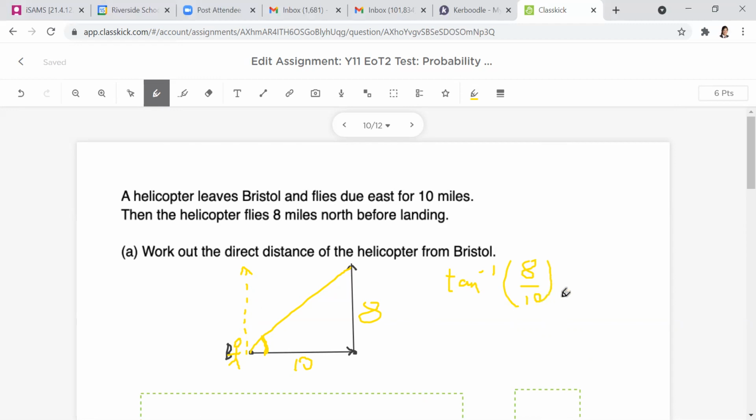Inverse tan of 8 over 10. 38.7 degrees. Okay. If this inside angle is 38.7 degrees, I just do 90 minus that to find the answer. Boom, boom, boom. 51.3 degrees is the bearing.